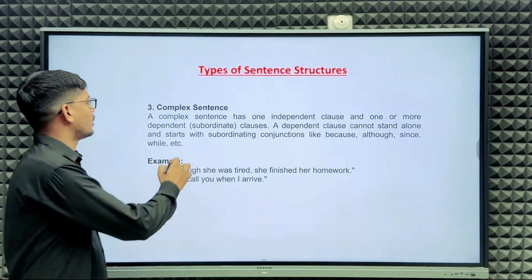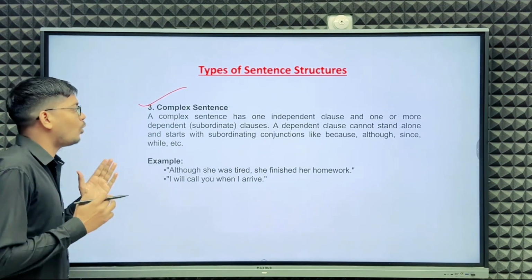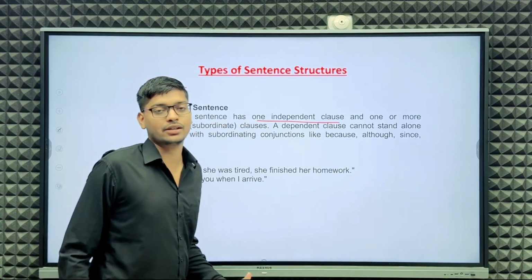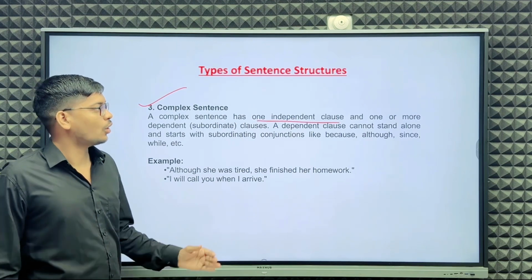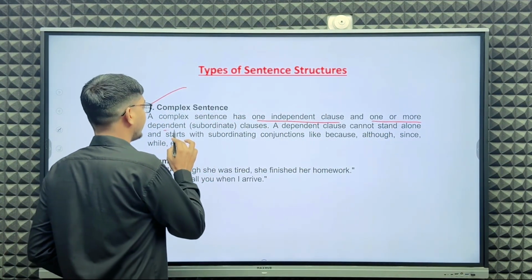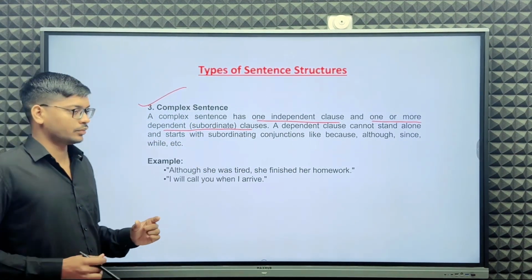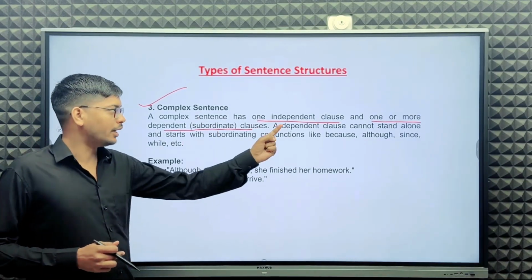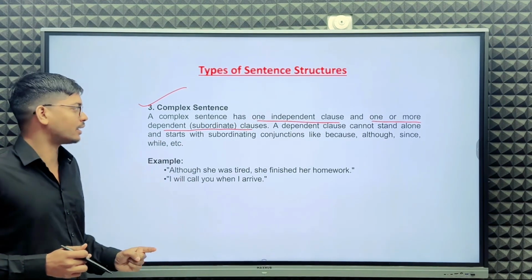Next type here, complex sentence. A complex sentence has one independent clause and one or more dependent clauses.